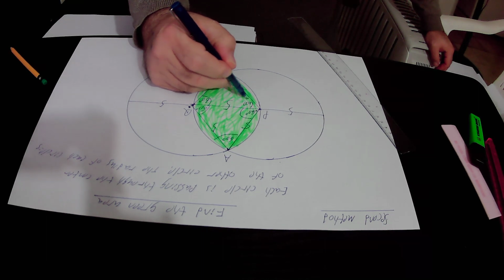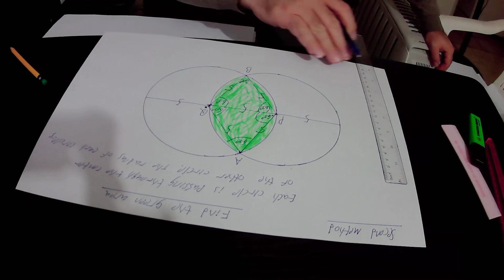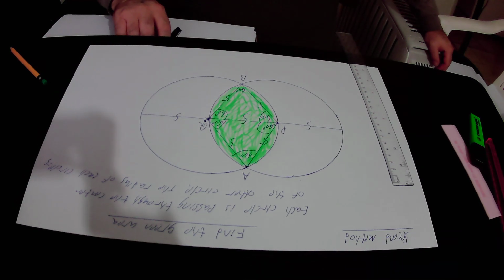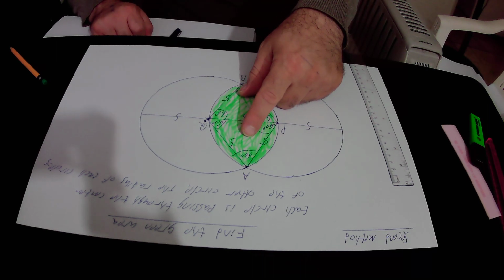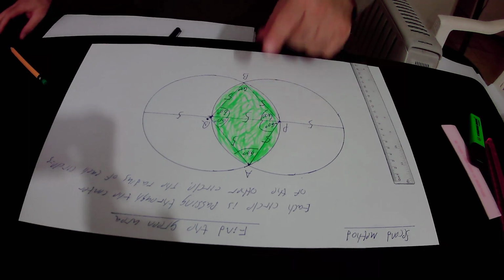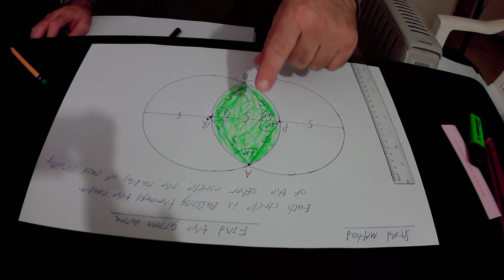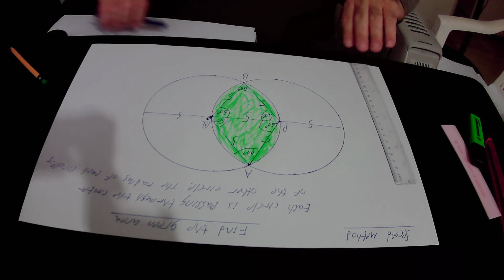And it is very easy to see that those two triangles can join to each other. I'll write it down.